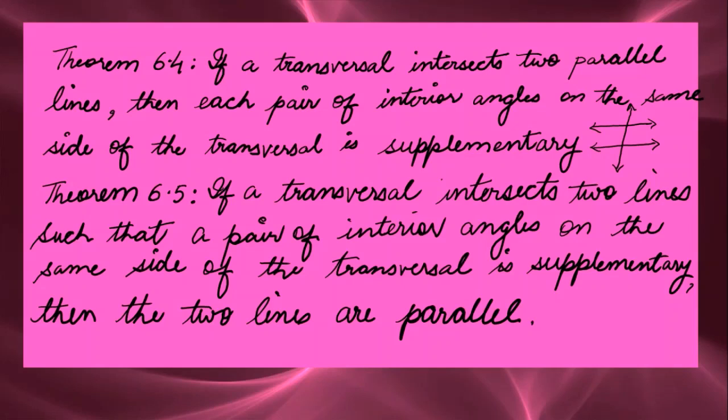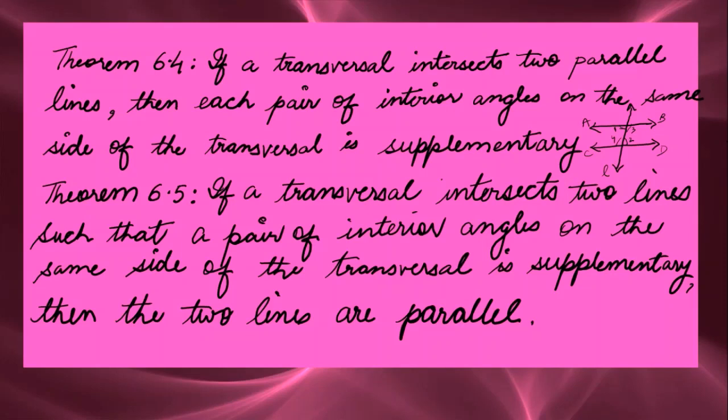If a transversal intersects two parallel lines, then each pair of interior angles, which ones will be your interior angles? If this is 1, this is 2, this is 3 and this is 4. Here AB and CD are parallel lines and L is your transversal.